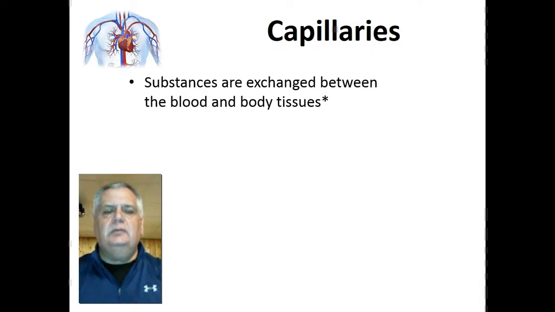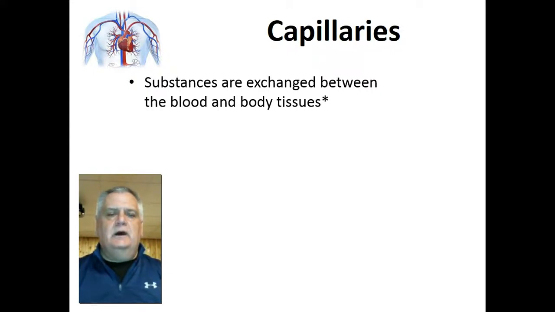Remember, capillaries are places where substances are exchanged between the blood and body tissues. I have a little asterisk there, and that's because the exchange that takes place is not actually between the blood and the body tissues directly, or the cells of the tissues, but the exchange takes place between the blood and what we call interstitial fluid.